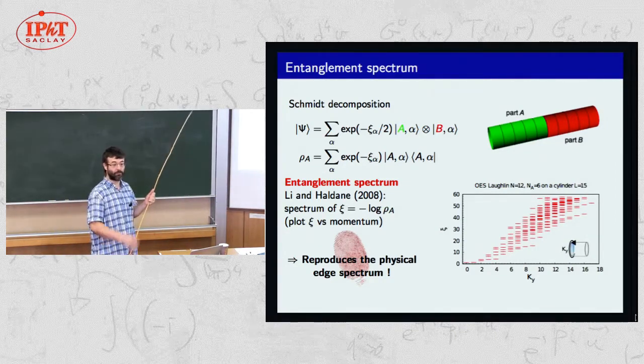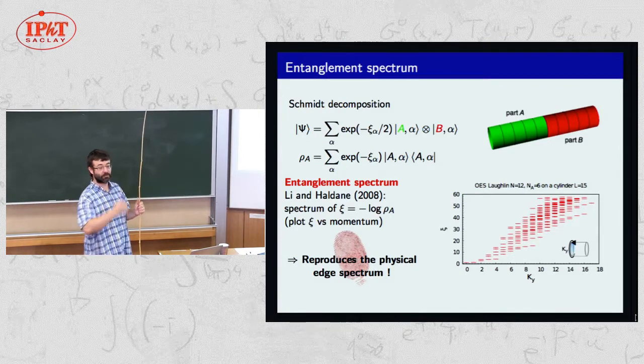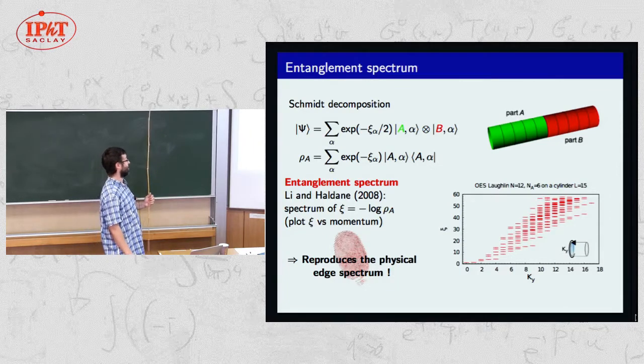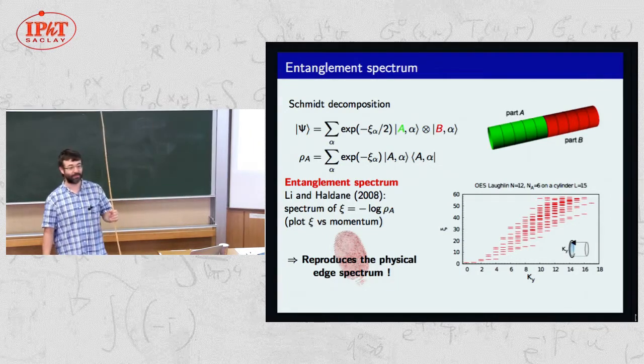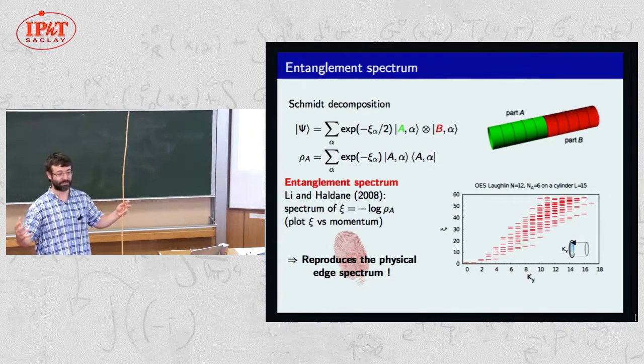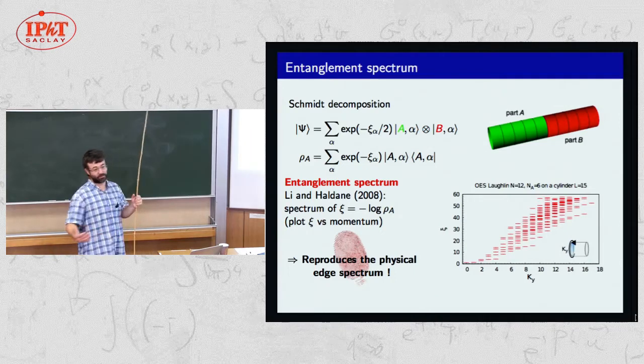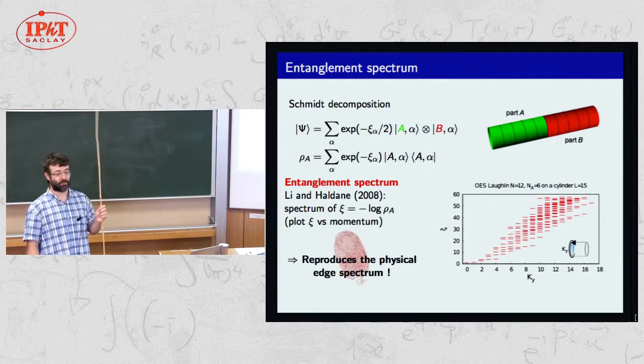What determines the Schmidt rank of your decomposition? Typically, it's infinite. If you are on the cylinder with infinitely many particles, it's infinite. If you have finitely many particles, then it truncates somewhere. Then how much is the rank?